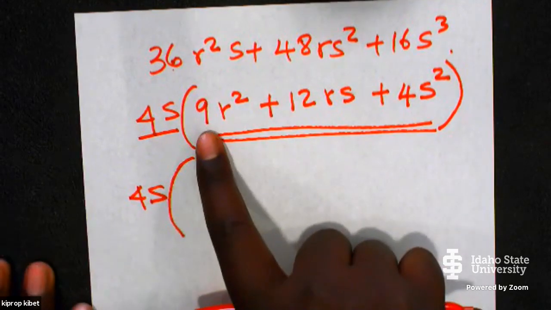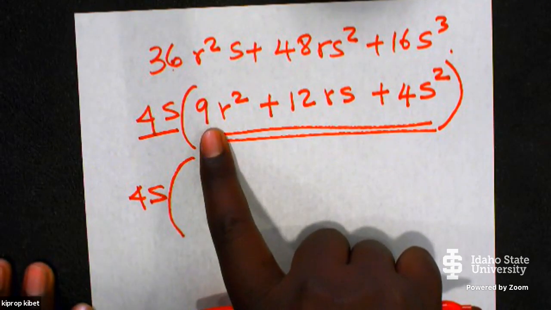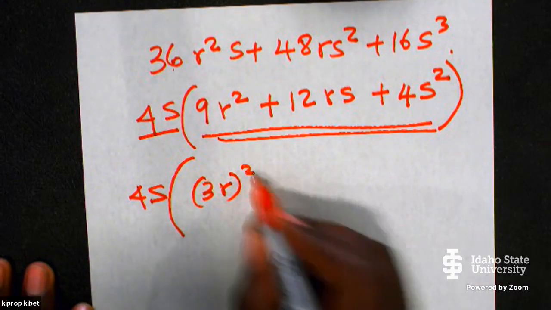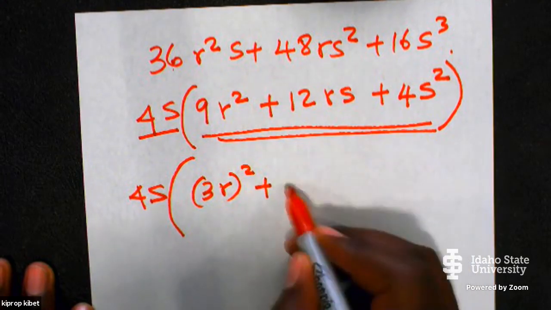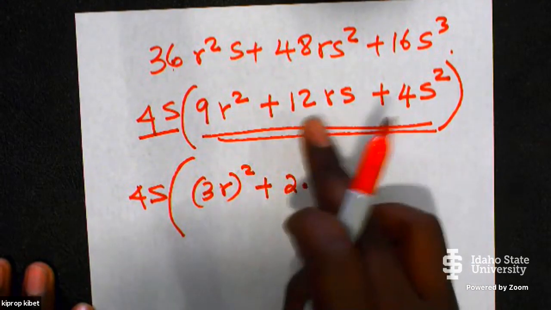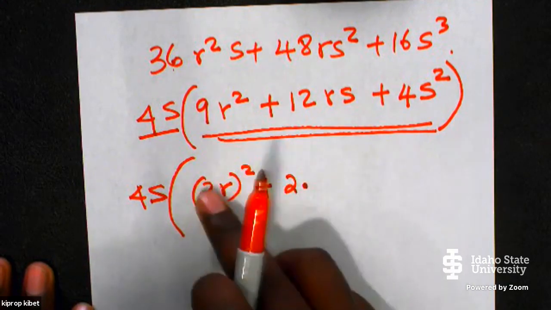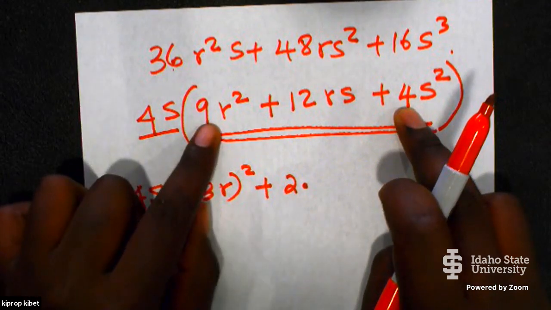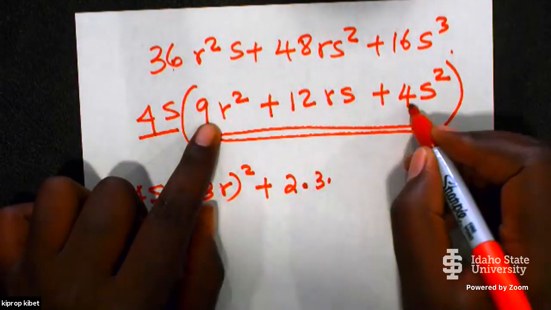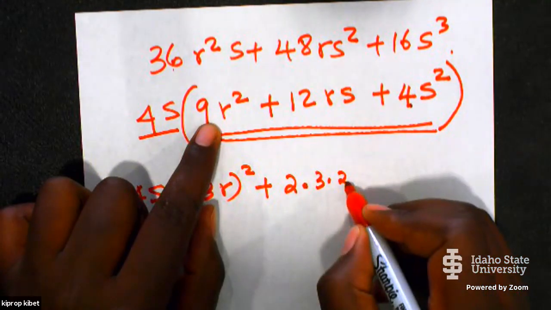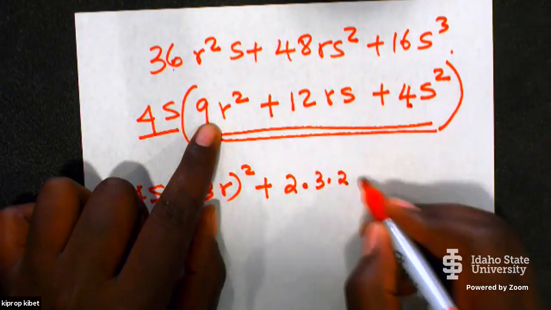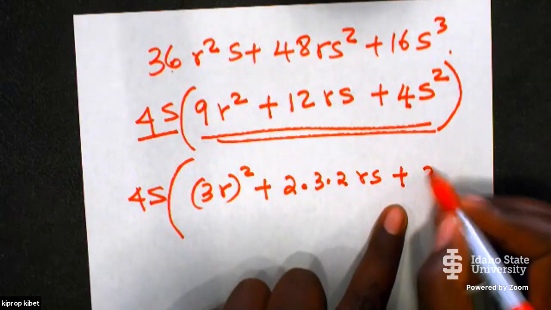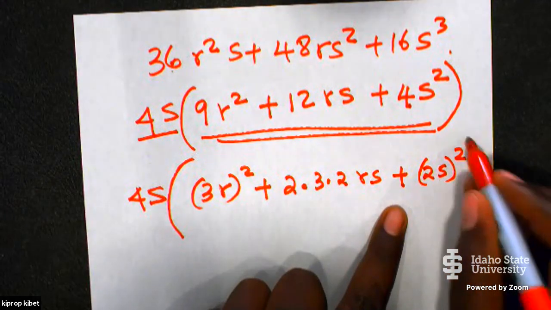So if you look at this, for here it will be 3R squared plus, there is a 2, and then AB is 3 and 2. The 3 which is here, and then the square root of 4 here, which is 2, and then we have the RS there, and then plus the last one, 2S squared.